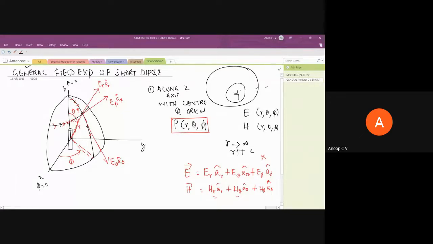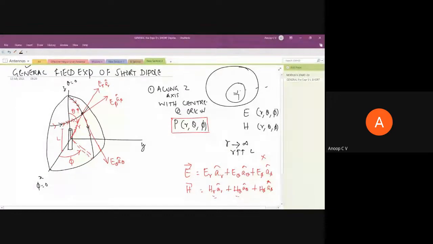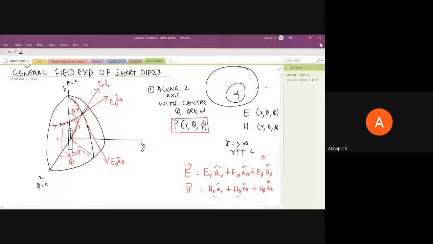So for that, I've considered a short electric dipole of length L placed along the z-axis with its center at the origin. Of course it has a thickness D, which is much less compared to the length, and the length is much less compared to lambda. That's why we call it a short electric dipole.